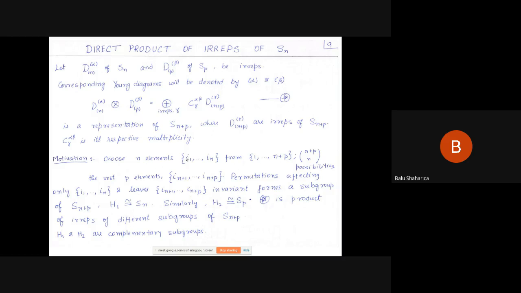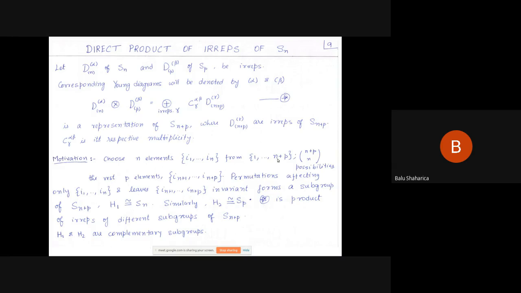Like if you take i1 to in, which are any n indices from 1 to n+p, H1 permutes those indices, and H2 permutes the other p indices.